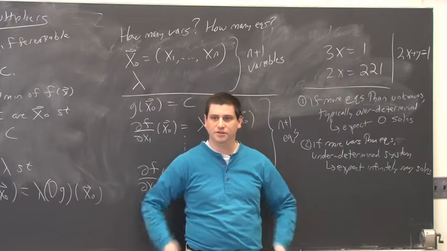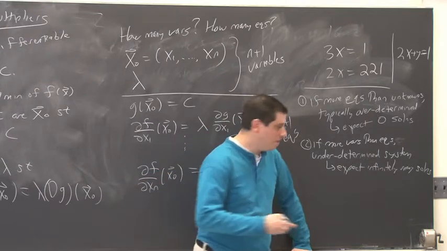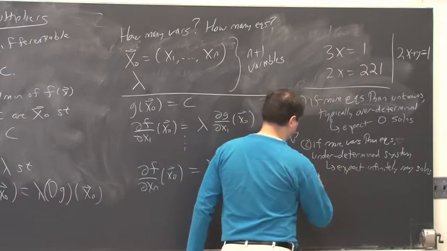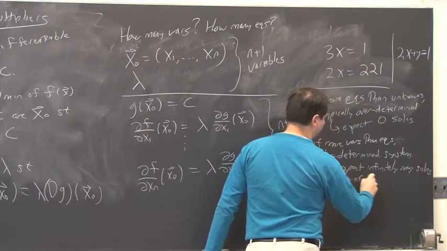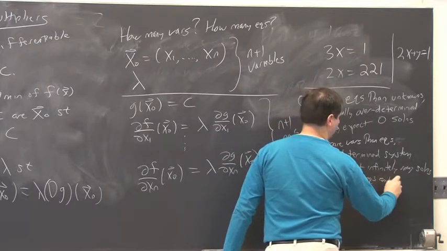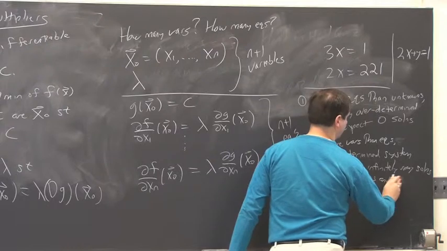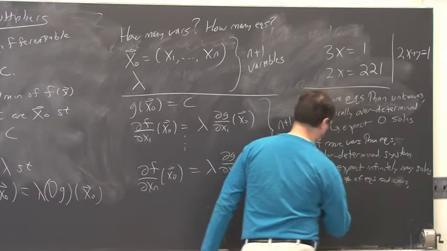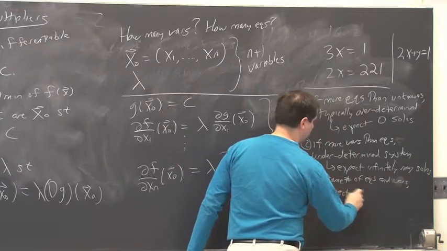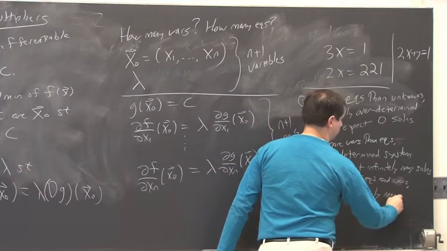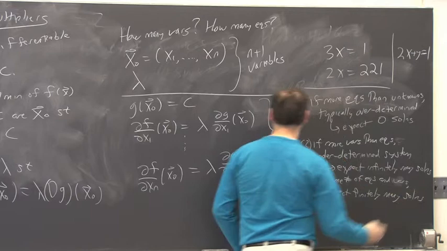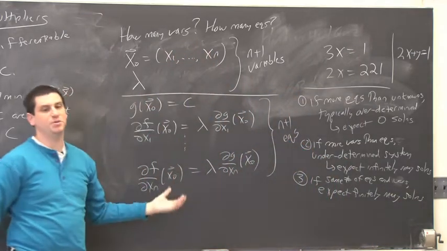What haven't we covered? The same number. If there's the same number of equations and variables, expect finitely many solutions. And that's fortunately the situation of Lagrange multipliers.